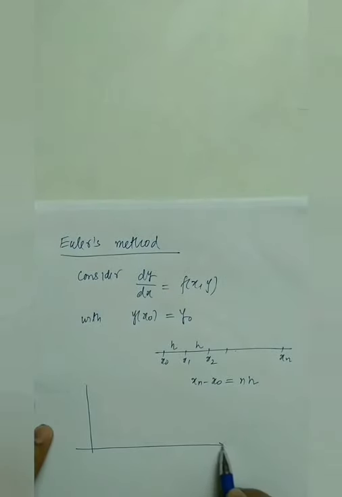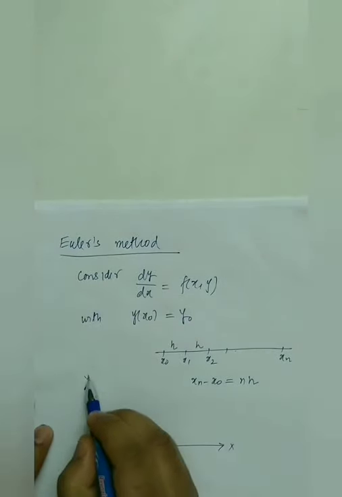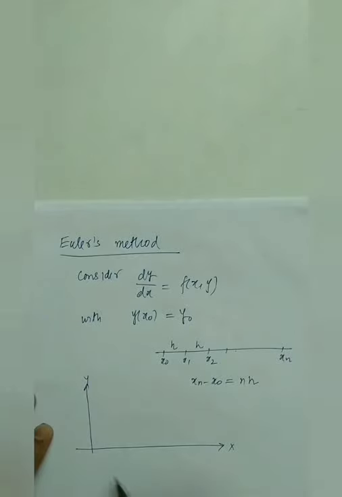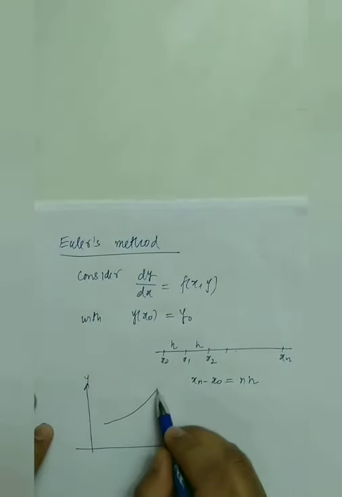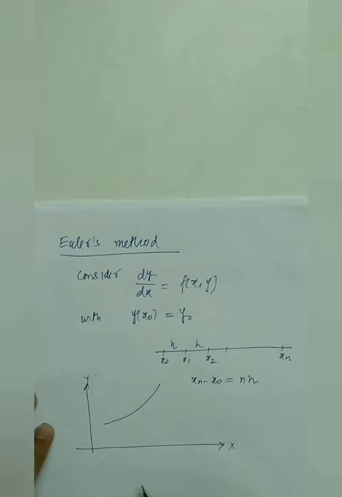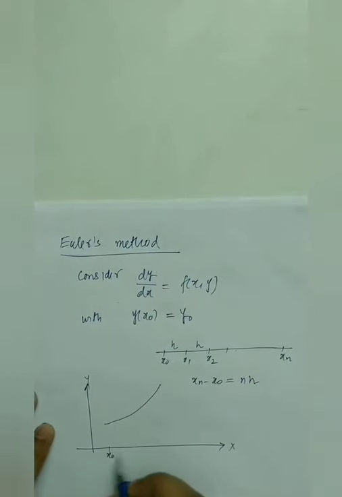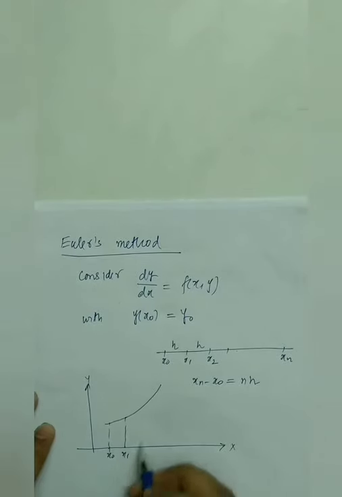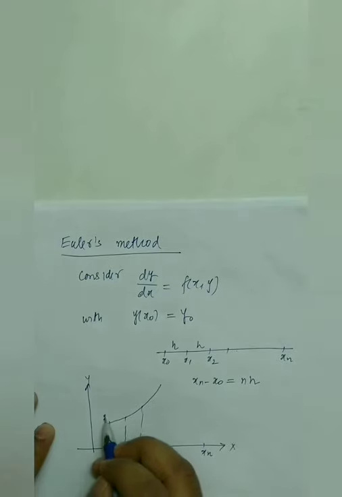suppose we take the x and y axes, and suppose this is the solution curve of the differential equation dy/dx = f(x, y). Suppose this is x0, this is x1, x2 and so on up to xn.